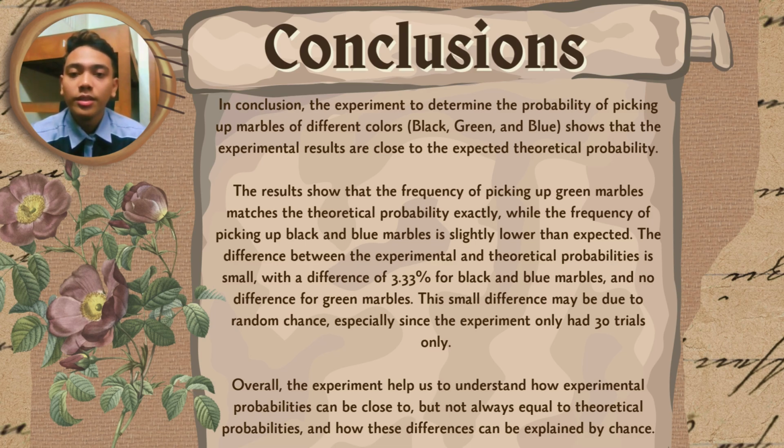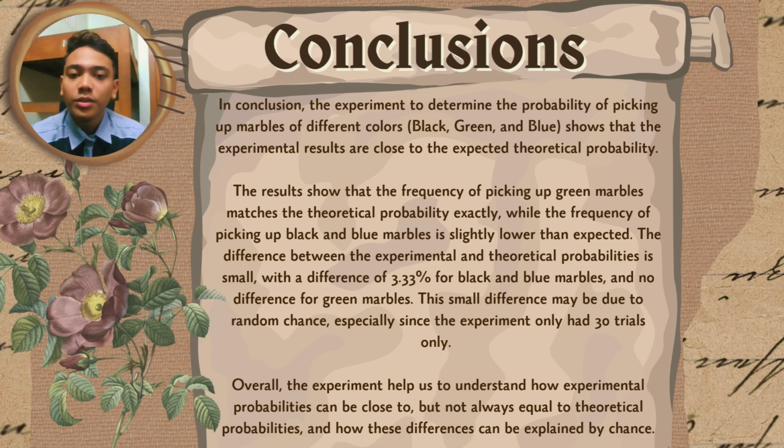The results show that the frequency of picking up green marbles matched the theoretical probability exactly, while the frequency of picking up black and blue marbles is slightly lower than expected. The difference between the experimental and theoretical probabilities is small, with a difference of 3.33% for black and blue marbles, and no difference for green marbles.